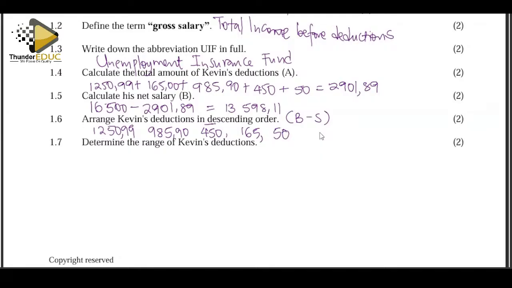This was the only answer. No other way. Should you arrange it the other way around, it's wrong.